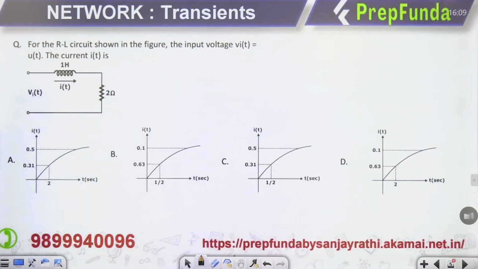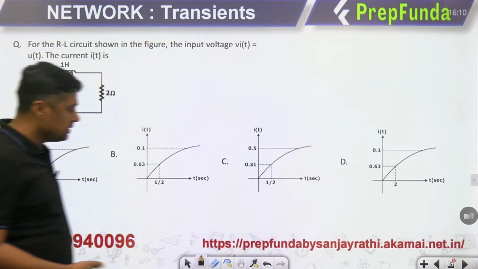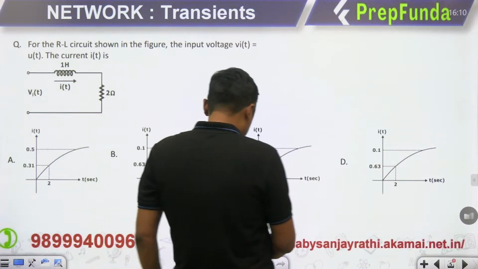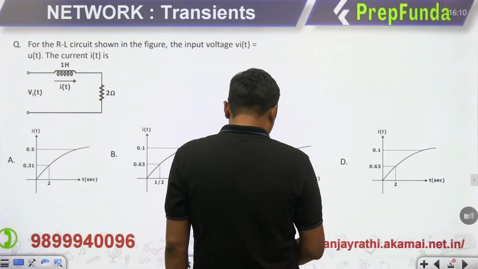This is the question. For the RL circuit shown in the figure, the input voltage is u(t). u(t) means the unit step function. The current i(t) is? If the input voltage Vi(t) is u(t), it means it is a step signal. Now tell me, what is the graph for that?